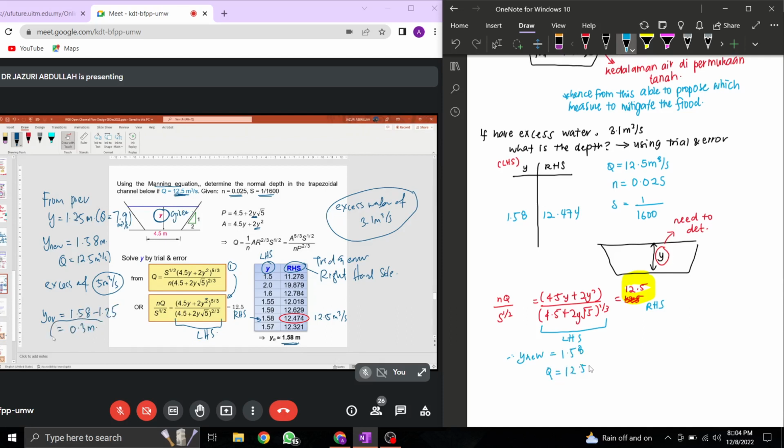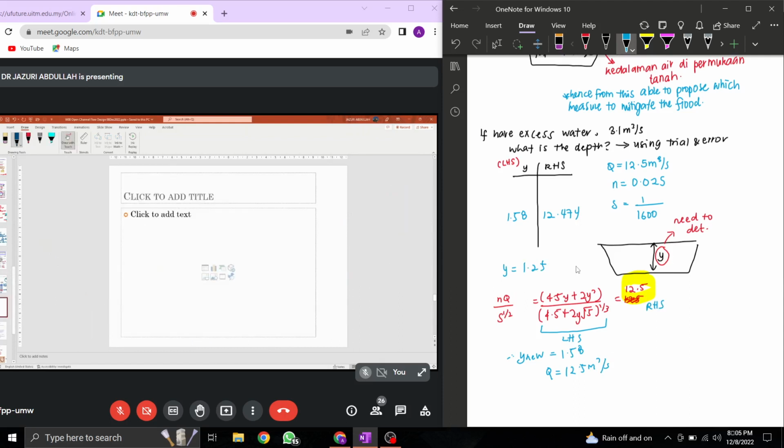Okay, so ini contoh. Okay, so this is just example, but of course if you want to calculate you have to determine. Kejap ya, saya tunjuk di sini. Okay, so this is yang dikatakan sebagai yang you buat tu.